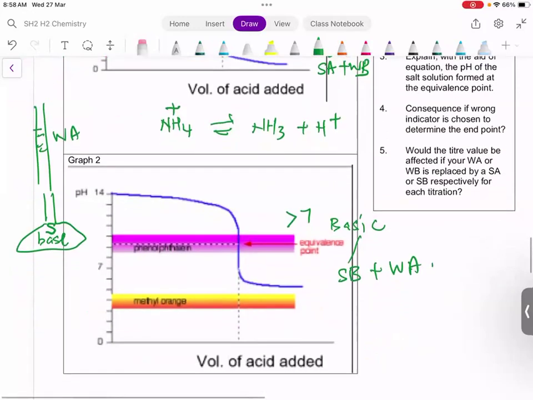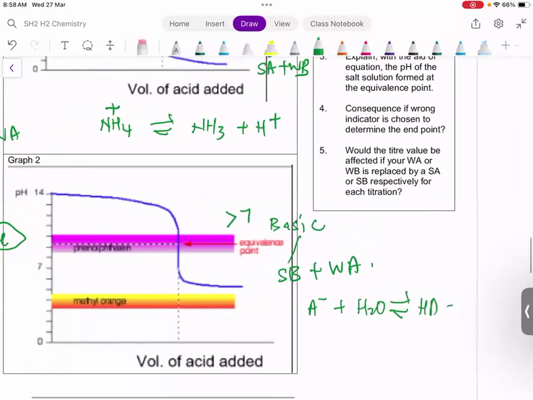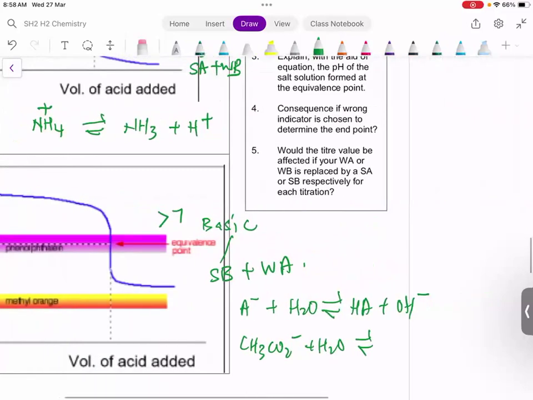Then hydrolysis of the anion. So for the anion here, you can use a generic A- to react with water to undergo hydrolysis to create HA and OH- release, or you can use whatever you have learned in the notes as an example to write the hydrolysis equation.